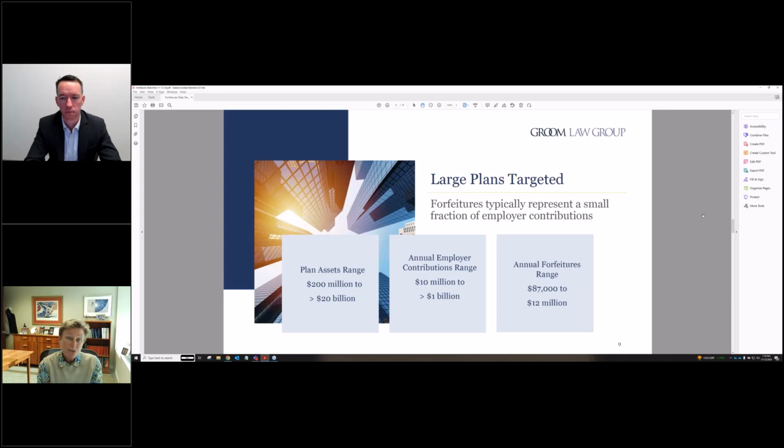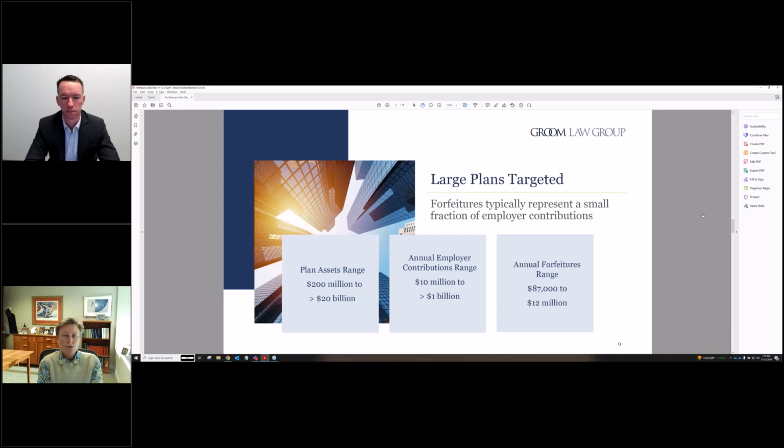So in general, this is a situation where larger plans may well be targeted more directly. And truthfully, many of you probably know this, the forfeitures that can be used to offset employer contributions generally represent a very small fraction of the dollars that employers contribute to plans.